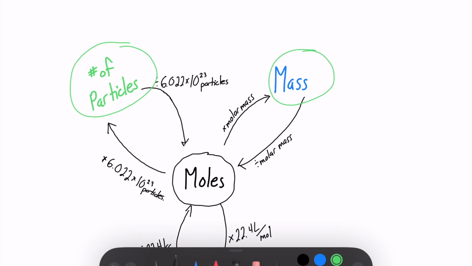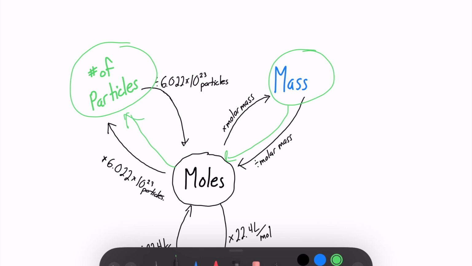So you will realize here that there is no direct path from mass to particles. There's no direct path. So we're going to have to first make a stop at moles. And from moles, we can get to number of particles.